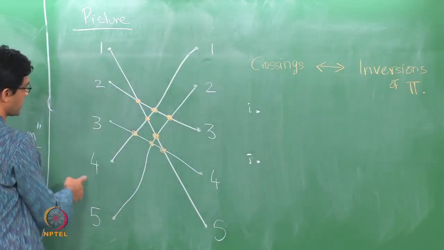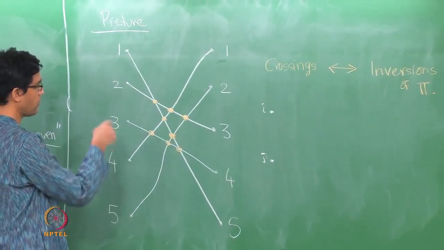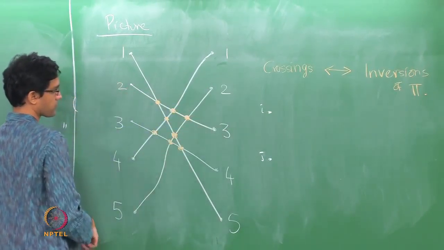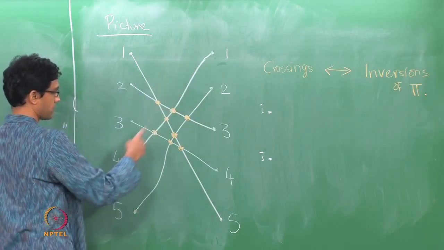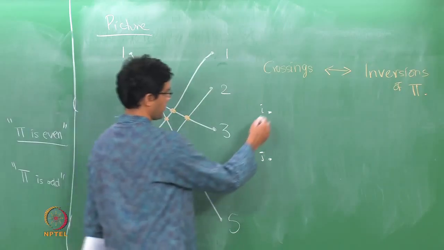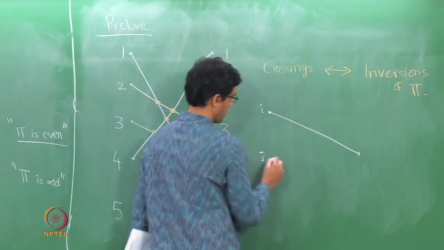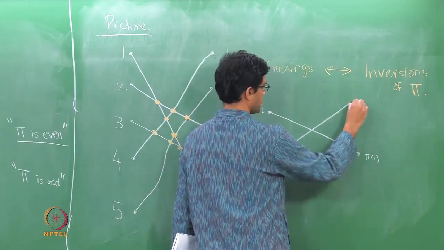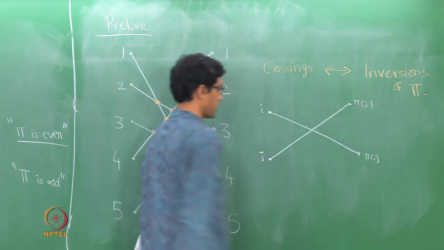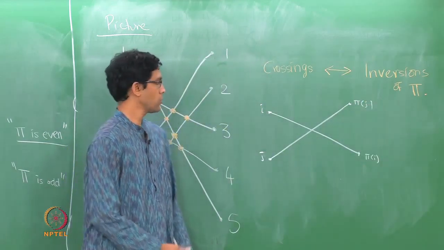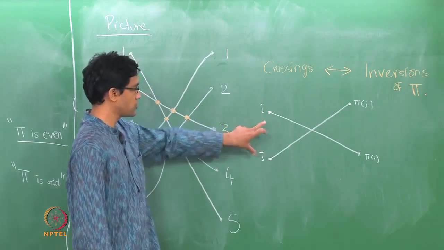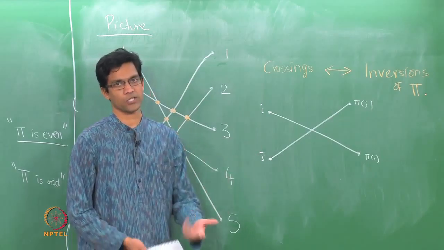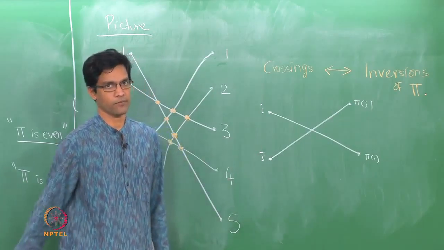So i could be 2 and j could be 4, for instance, but pi of i, what i maps to under the transformation pi, and pi of j, what j maps to, are in the opposite order. So if pi of i is something here, pi of j is going to be something smaller than that. This is exactly what an inversion means. So every time there is a pair i, j which gives an inversion of pi, in this diagram it would give you a crossing. Those two lines would have to cross somewhere.